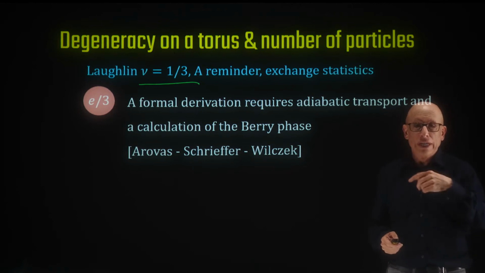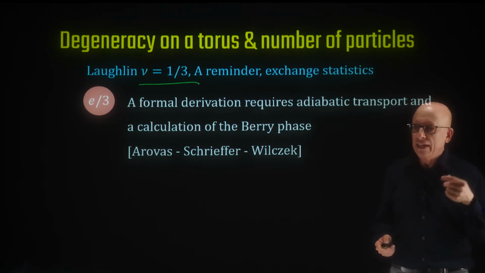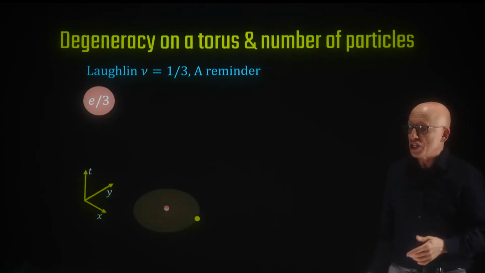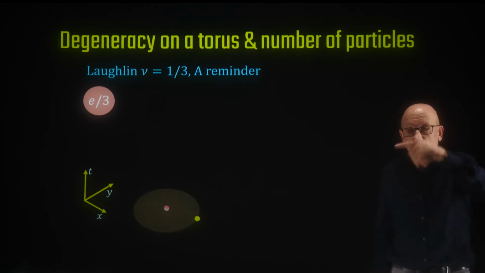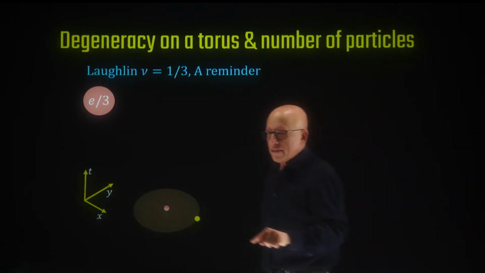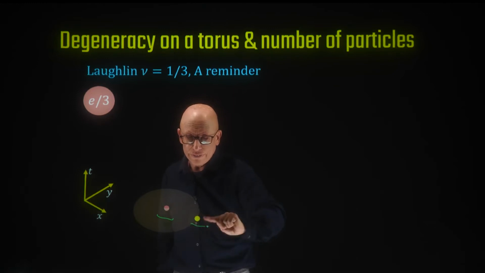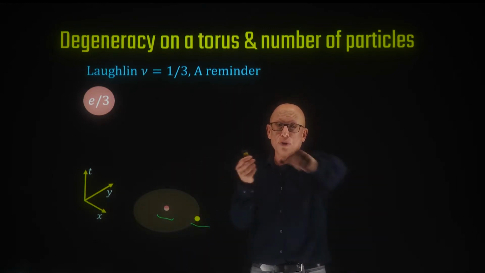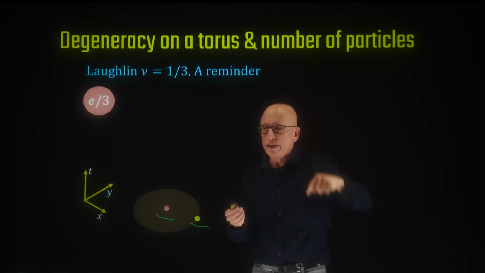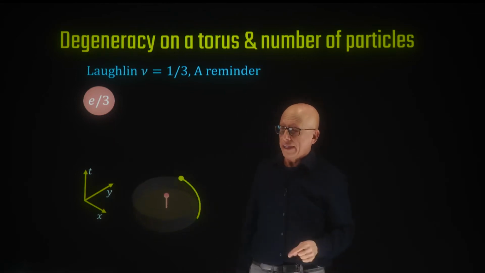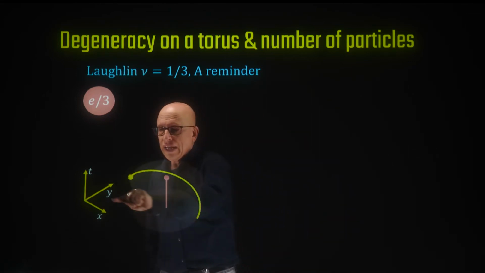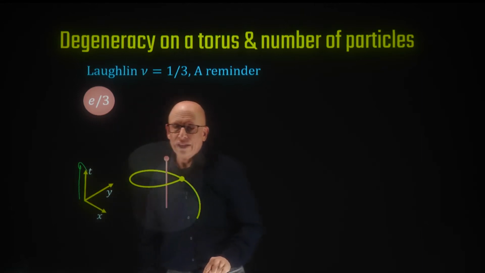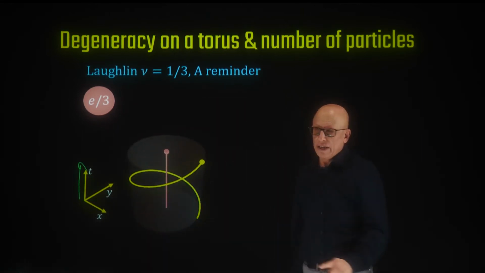I'm not going to repeat the outline of the calculation, but just to remind you of what the process is. We have two quasi-holes, and we make one of them go around another in a full winding. You see that now as a function of time in the up direction.